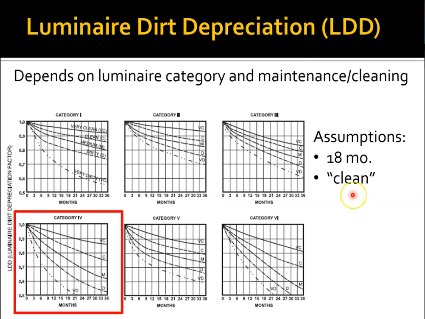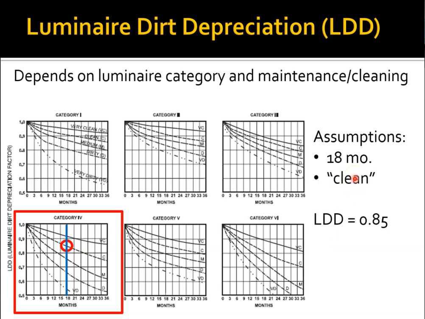So we're going to go with clean. That's sort of right in the middle. And remember, we're a category 4. So here's our clean line. The standard here is after 18 months, so we'll go to 18 months. And on the clean line, we're at about 0.85, we'll call it. Okay, so that's pretty normal. LDD of 0.85 is pretty normal.